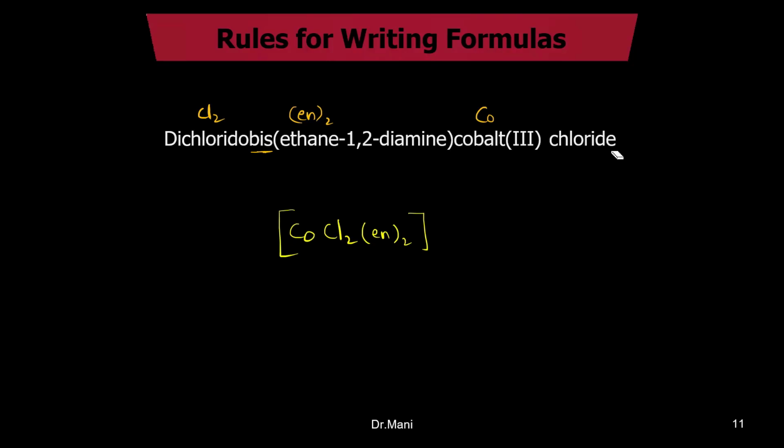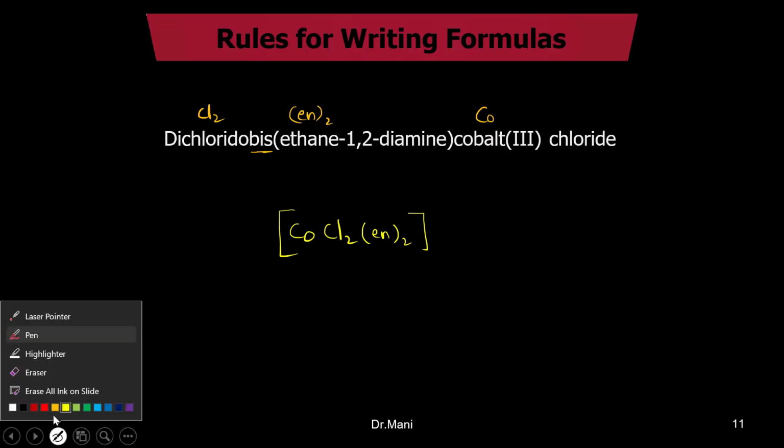Now the thing is chloride is present, but we don't know if it is two chlorines or three chlorines or one chlorine, because whatever the number of chlorines given, we should write only chloride. We'll not put dichloride or trichloride. So tell me how many chlorines will be here. How can we do that? We need to find out the charge on each of them.